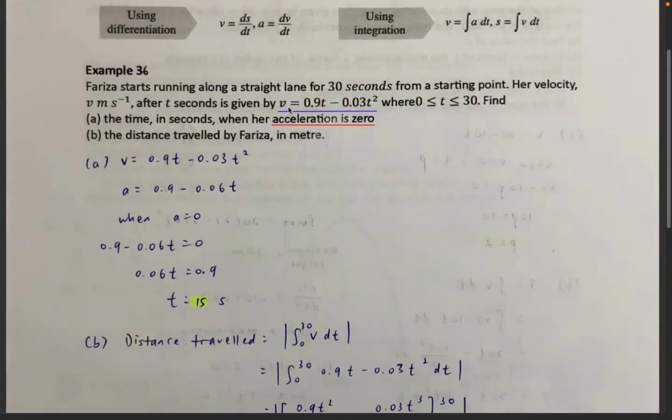So we are given a velocity function, and they mention acceleration. From v to a, we have to do differentiation. After we differentiate, we have 0.9 minus 0.06t. The question said a is 0, so I let a equal 0. So we have the answer t equals 15.